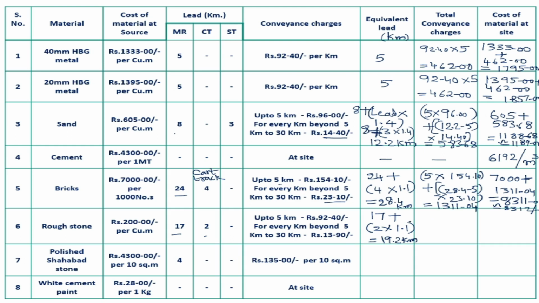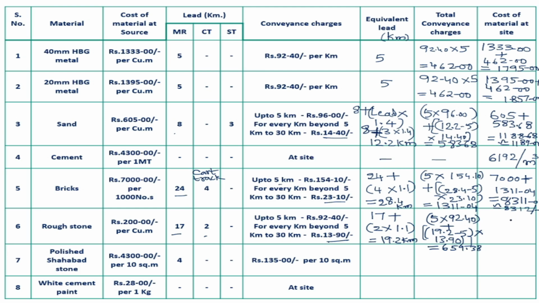And total conveyance charges are 5 kilometers into 92.40 paisa plus 19.2 minus 5 into 13.90 paisa, which is equal to 659.38 rupees.